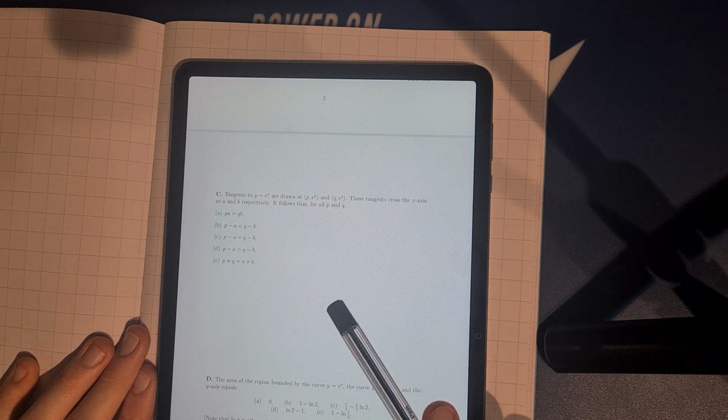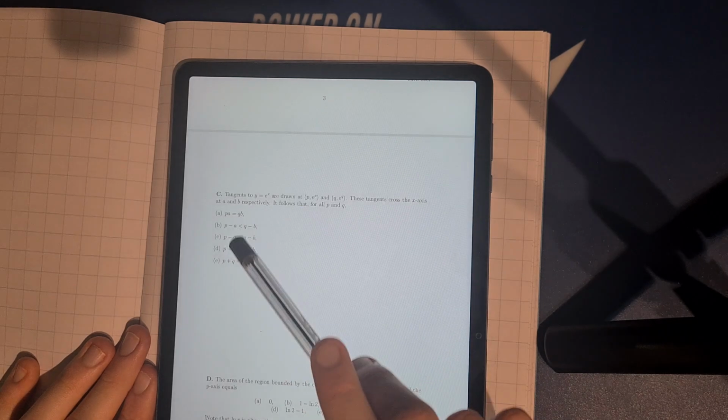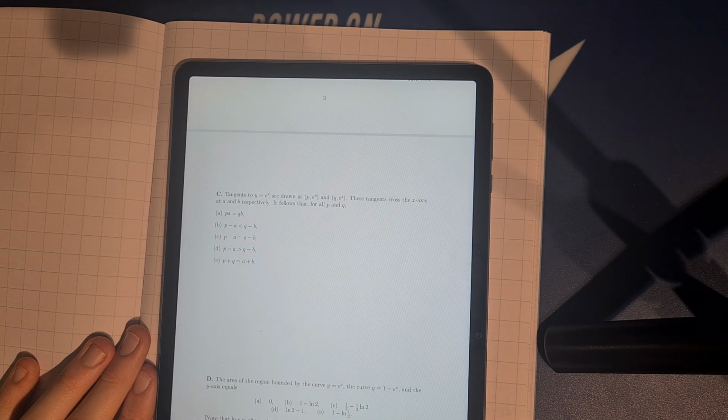It follows that for all P and Q, and then you have a list. Okay, let's see, what should we do here then? These tangents cross the x-axis at A and B respectively.